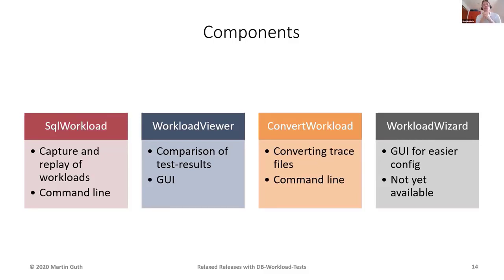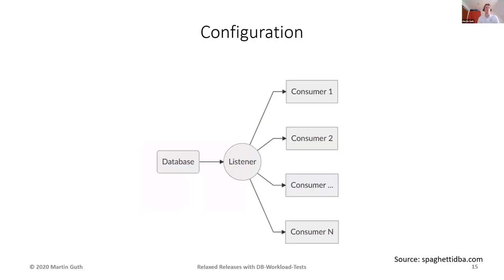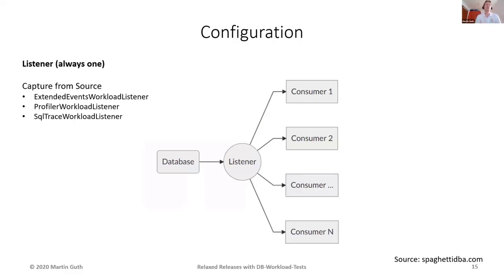And I think it's not the most important thing, because the config, even if it's command line, can be done really nice. So thinking about the configuration, we've got one listener where we can capture from a source via the methods already explained. And we, of course, can read from a captured workload using a file workload listener, which is then reading from a SQLite database.